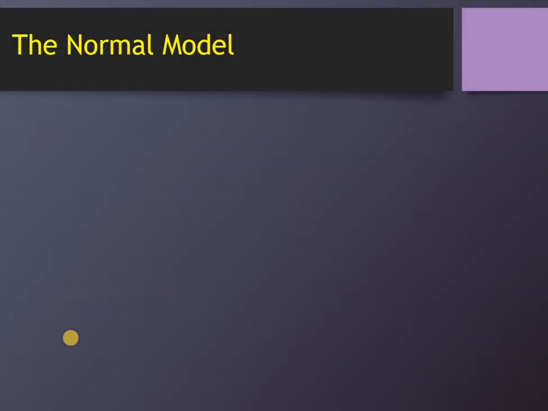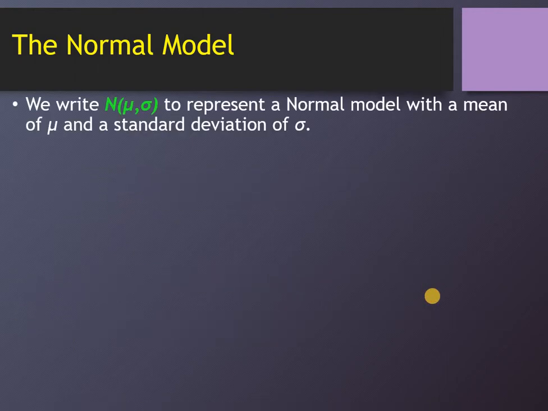And the way that we denote this is with the normal model. You guys have heard of the normal model before, right? Maybe in Algebra 1, maybe Algebra 2. They've changed the curriculum, so who knows anymore. But you want to be awake for this. Okay? So the normal model is a way that we can describe shape, center, and spread.